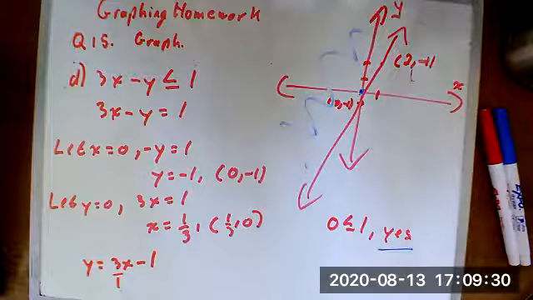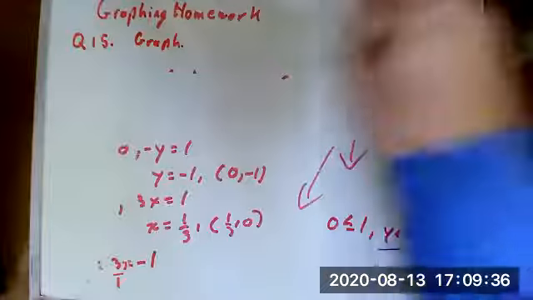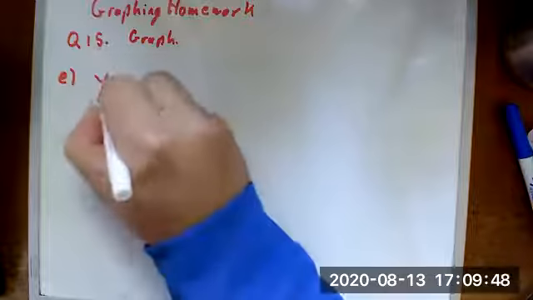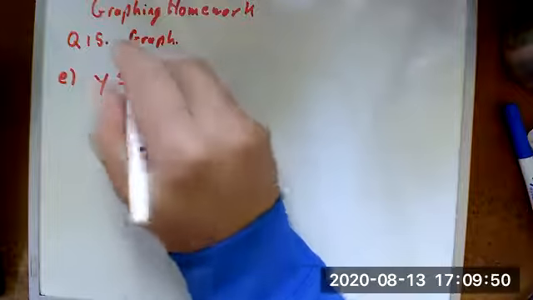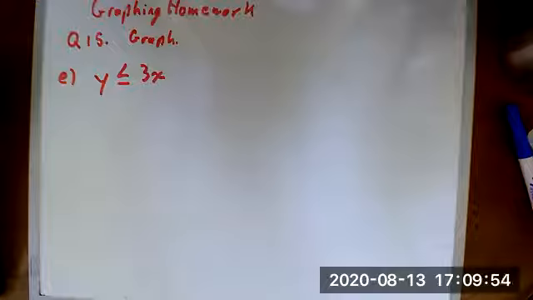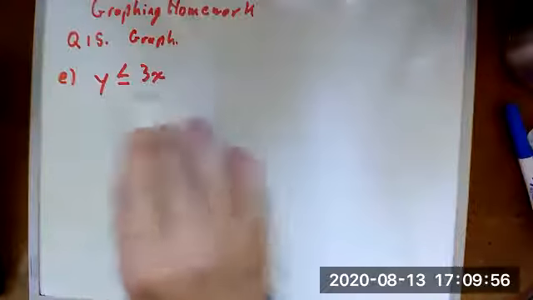Finally, looking at E. This is a good one. y less than or equal to 3x. So this is an interesting situation.